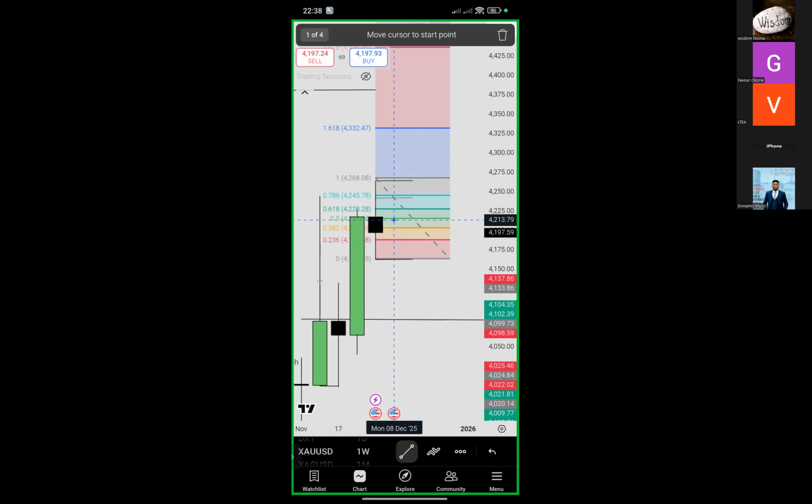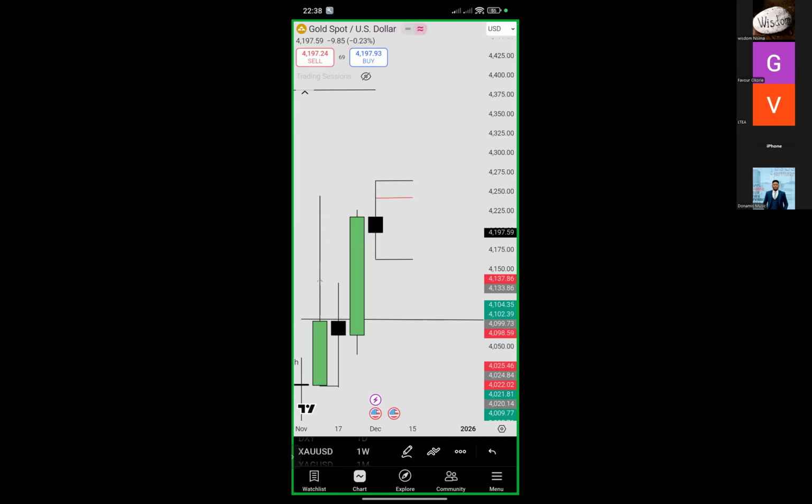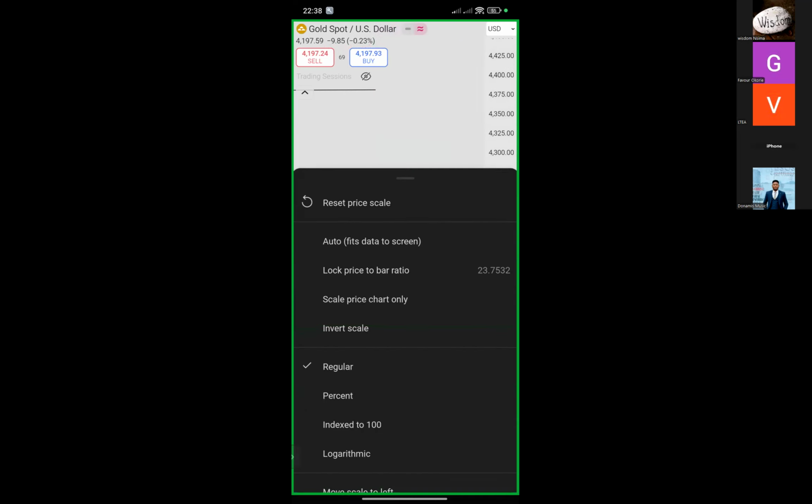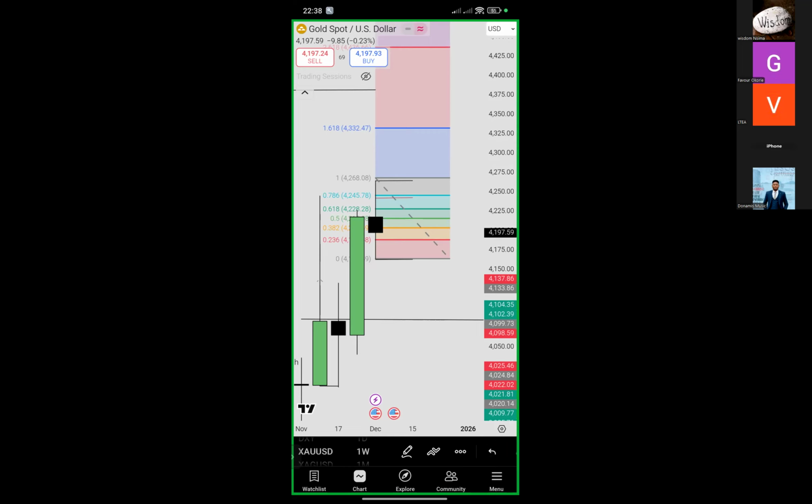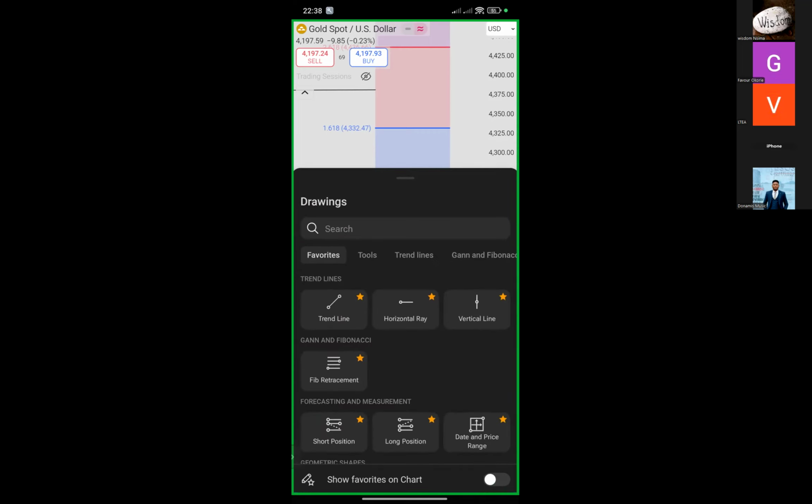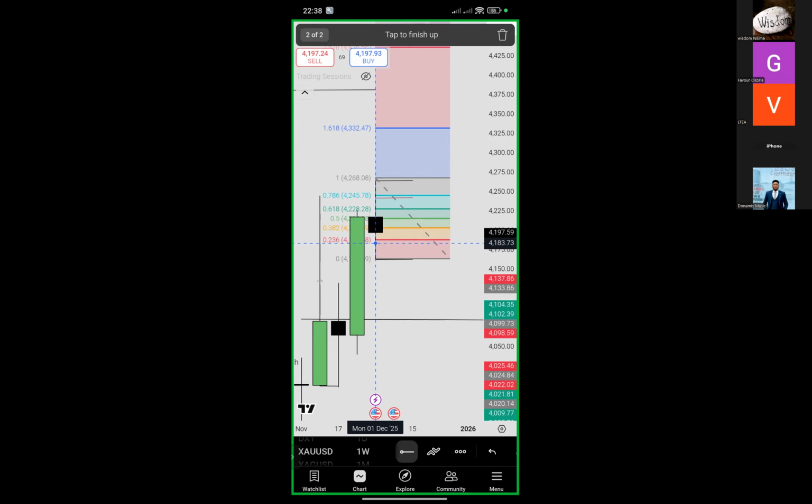Take a horizontal ray, a straight horizontal ray. Stick it on top of that green candle. No, this one.